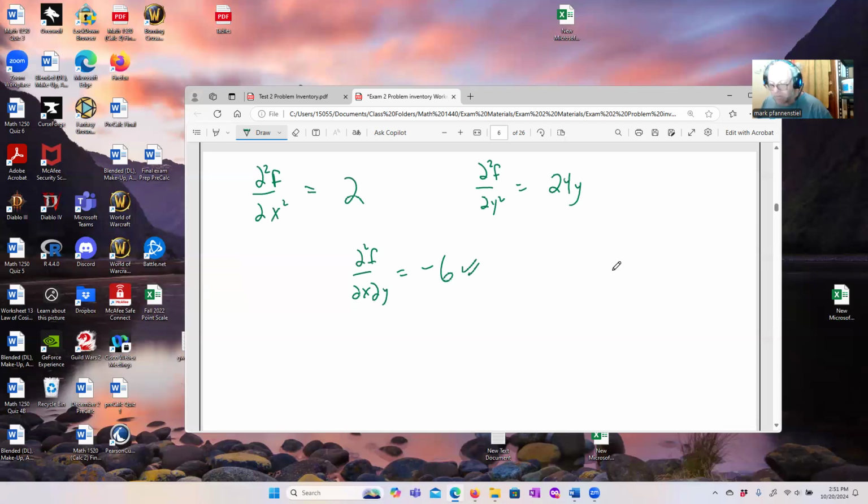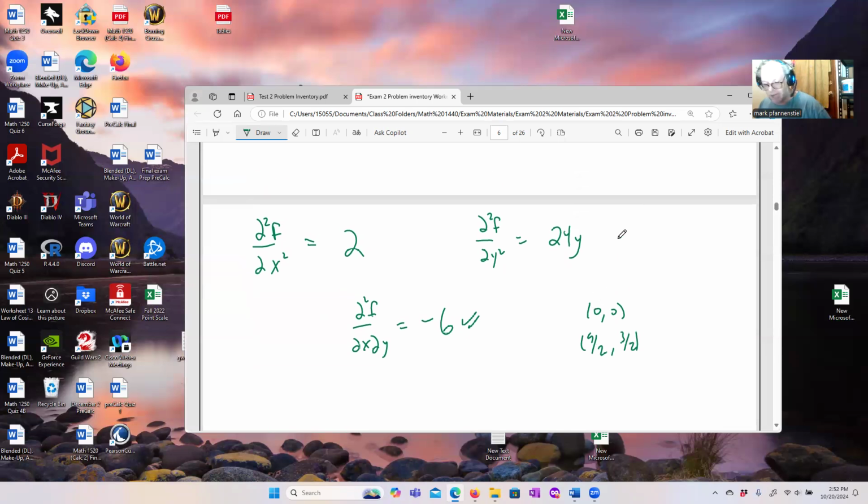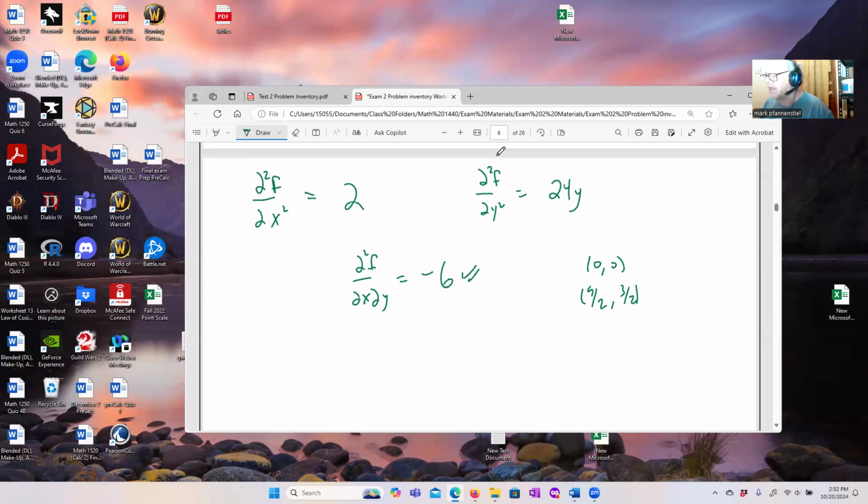Okay, so again, the 2 points that we have to deal with are 0, 0, and 9/2, 3/2. Those are the 2 points that we have to make sure we know what we're doing with. We're going to go ahead and generate our D, which is fxx times fyy minus fxy squared.